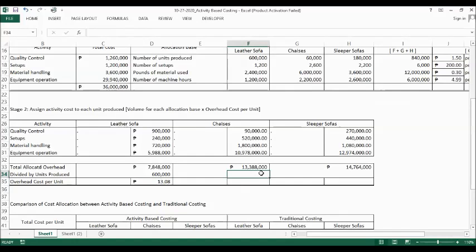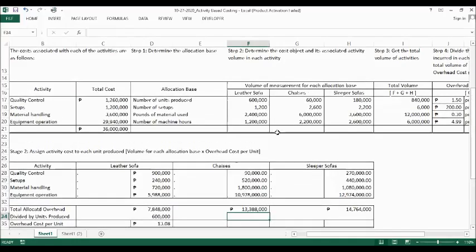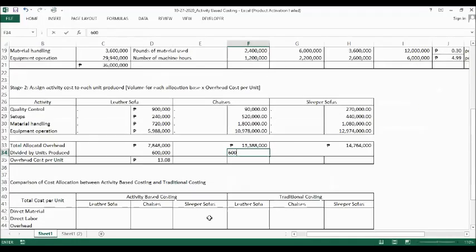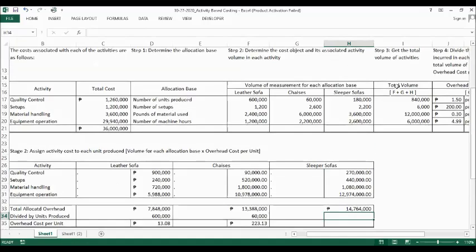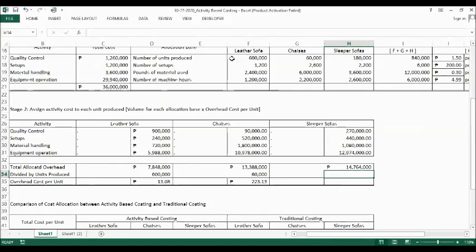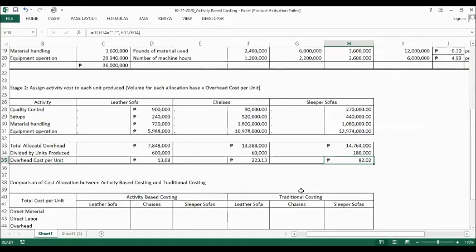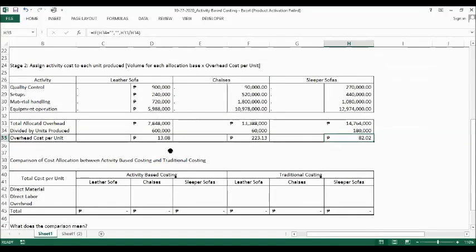Ito, ilan ang number of units produced? 60,000. Therefore, 13.8 million divided by 60 is 223. And lastly, this is how much? 180,000. Ito, number of units produced, 82. So now, we have already identified 13.08, 223, and 13.